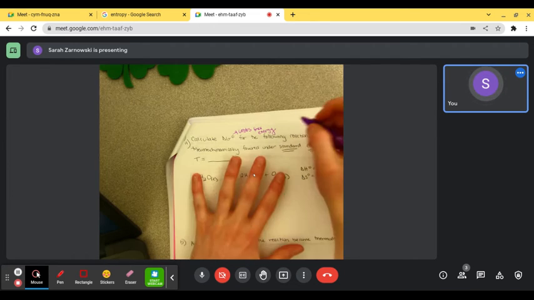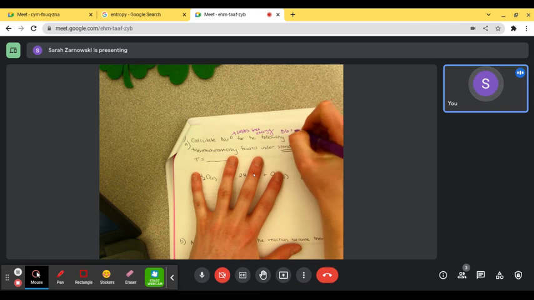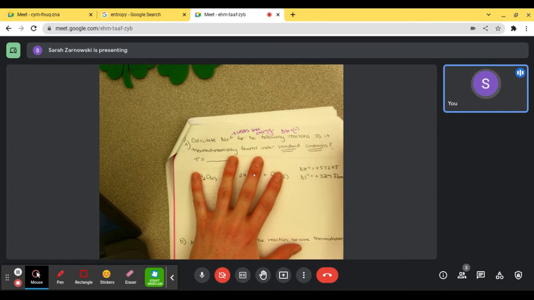If change in G is negative, that means it's spontaneous overall. And if change in G is positive, that means it is non-spontaneous.